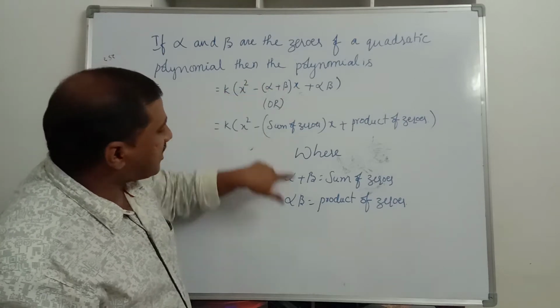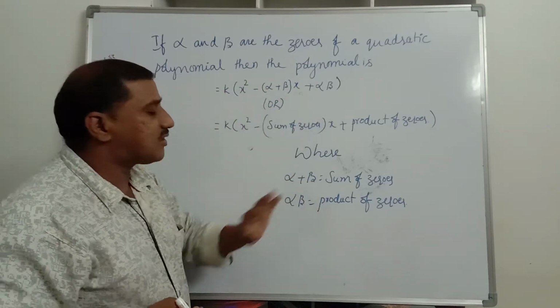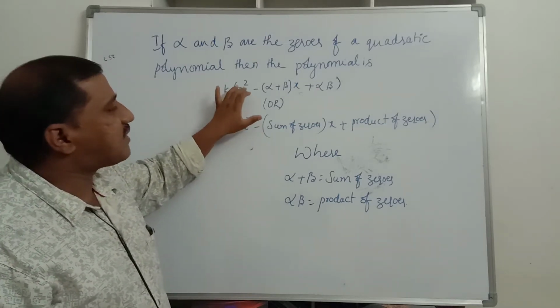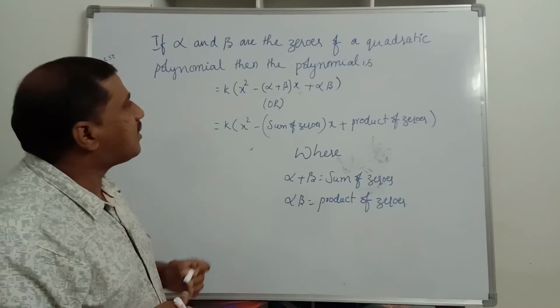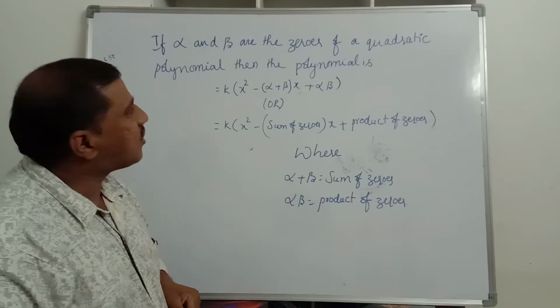We can use this formula to find the quadratic polynomial when we know the two zeros. Is it clear, children?